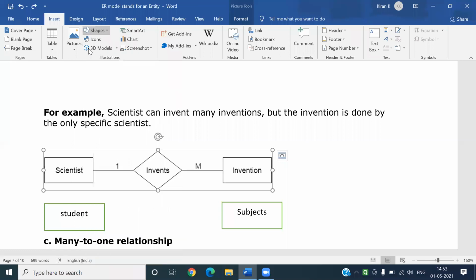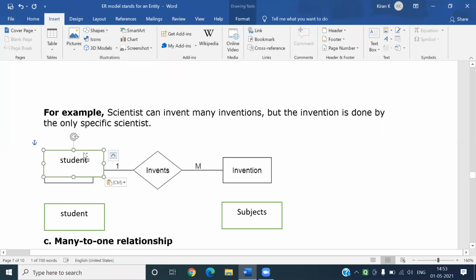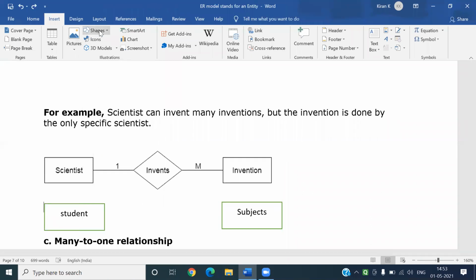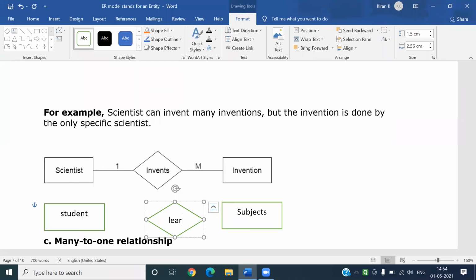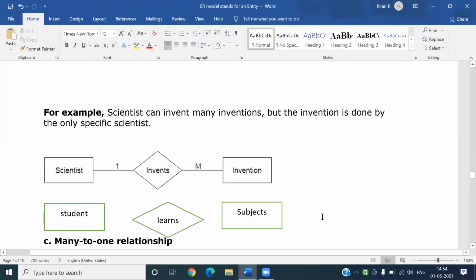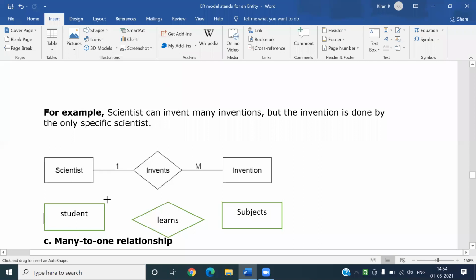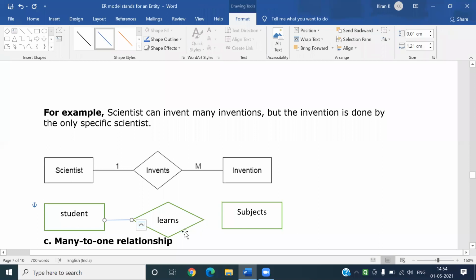Student learns subjects. A student learns many subjects, not only one subject but many. So this is shown as one to many. This is one and this is many.